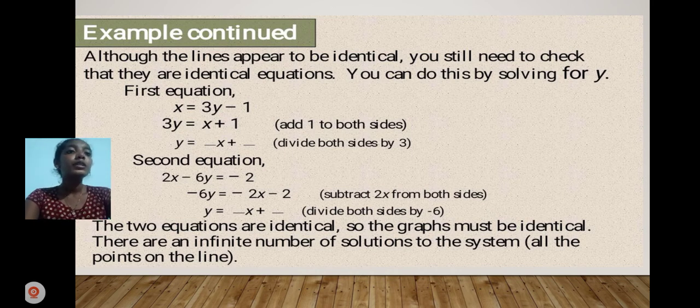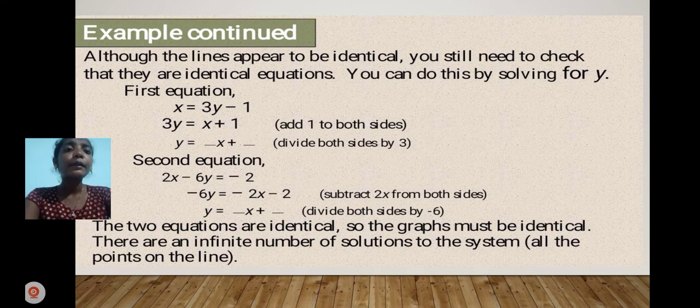You can do this by solving for y. First equation, x is equal to 3y minus 1. Add 1 to both sides. 3y is equal to x plus 1. Now divide both sides by 3. We will get y is equal to x/3 plus 1/3. The second equation is 2x minus 6y is equal to minus 2. Now subtract 2x from both sides.